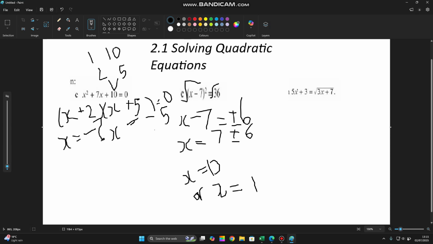Third question: square root of 5x plus 3 equals 3x plus 7. Now we've got the opposite problem to here, we've got a square root. So how do we get rid of the square root? We square both sides. So we get 5x times 5x, which is 25x squared, and then 5x times 3.